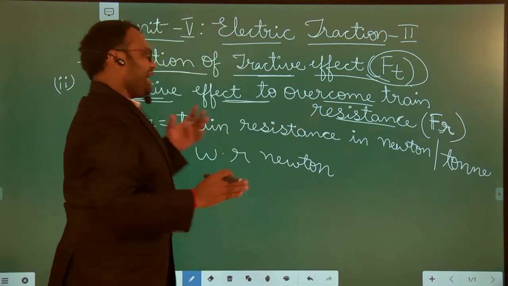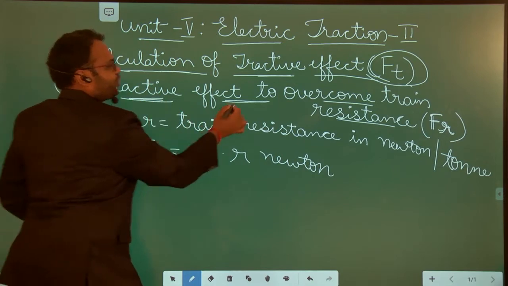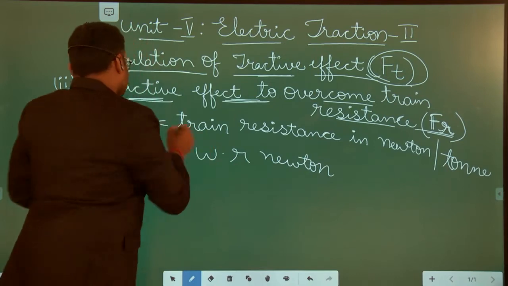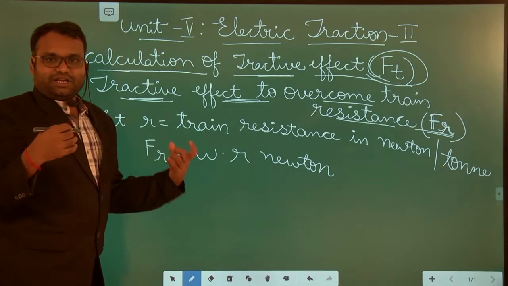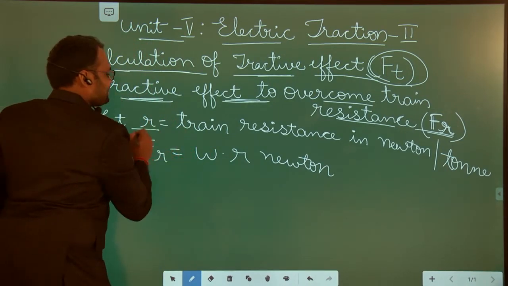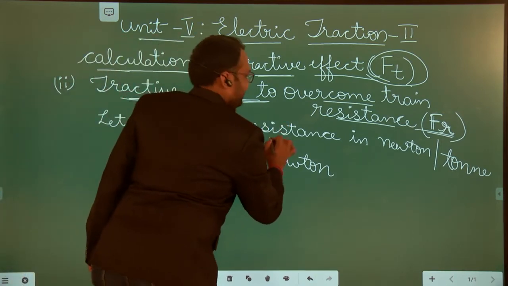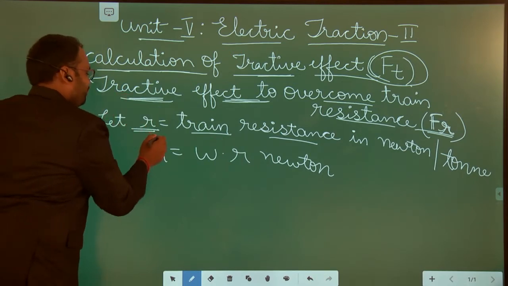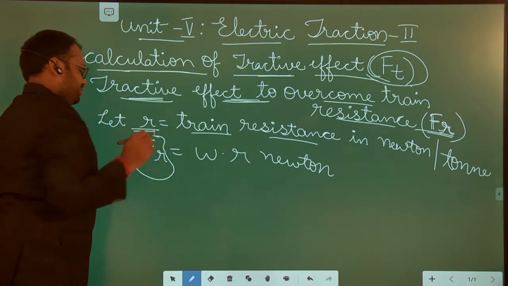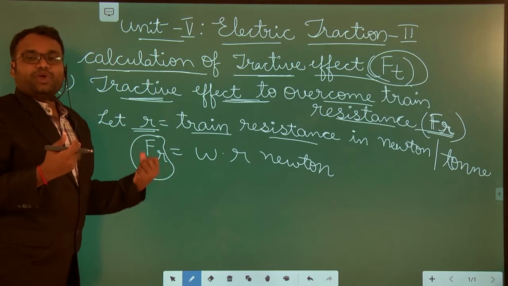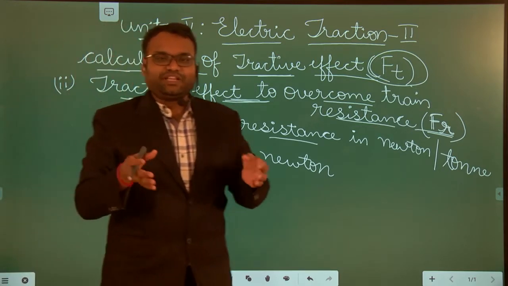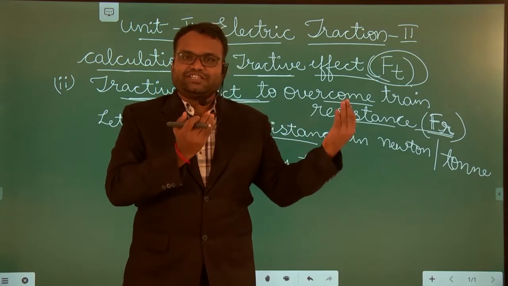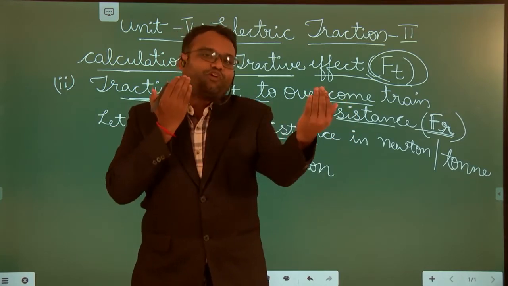So the tractive effort to overcome the train resistance, Fr, can be derived as follows. Let R be the train resistance in Newton per ton. The resistance is offered by the locomotive on the track, and also by air or wind resistance, because it has to overcome the wind.